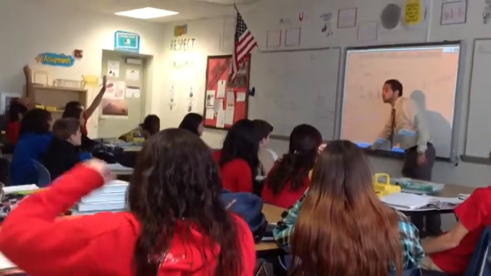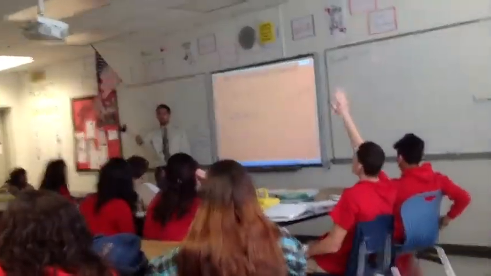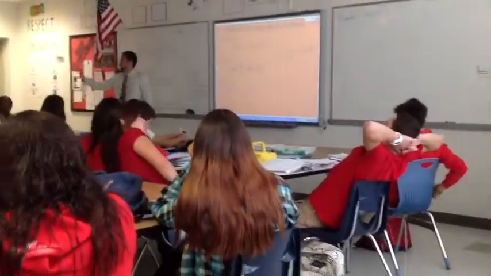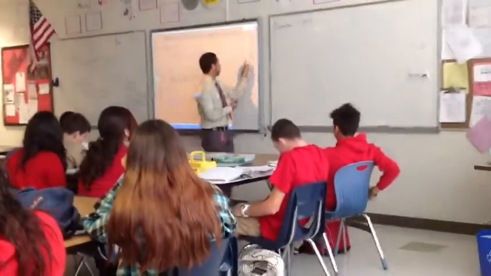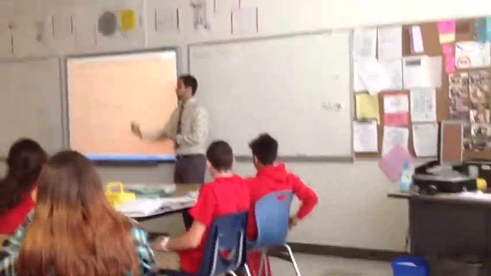Okay, Catherine, and then Mara. Is it behind, in front, under, where? So the slope is always located where? In front of the x. Notice how the slope is always going to be located in front of the x. So if you have an x, you have a slope.